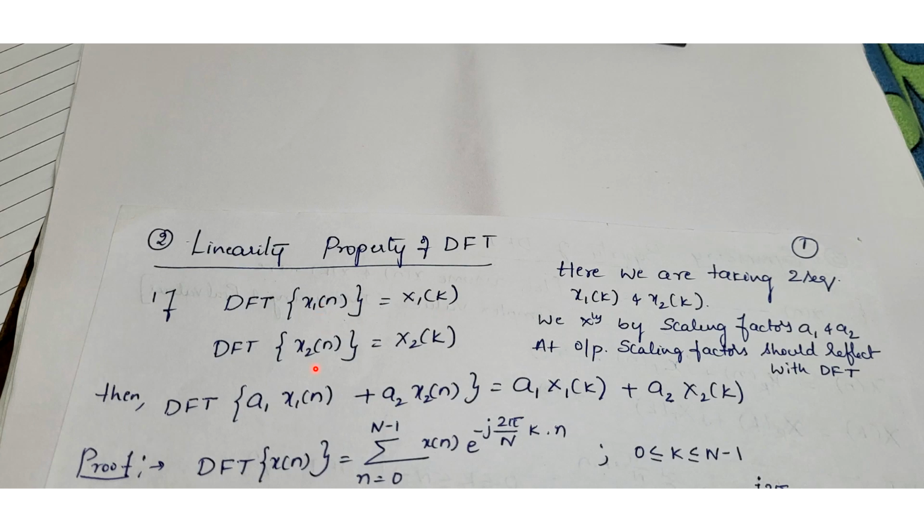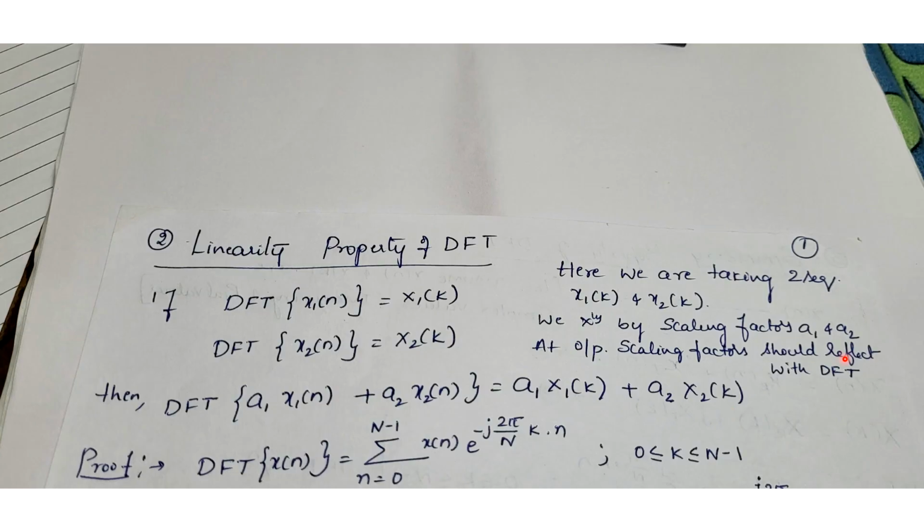If we apply the DFT to x2 of n, we get X2 of k. We multiply by scaling factors a1 and a2. When you apply scaling factors a1 and a2 to the input signals and take the DFT of the whole, those scaling factors should be reflected in the DFT output.